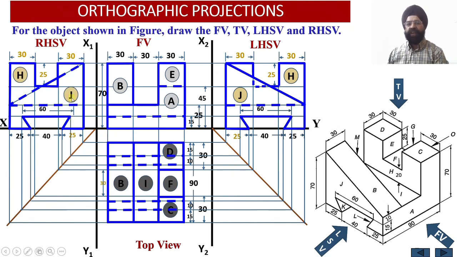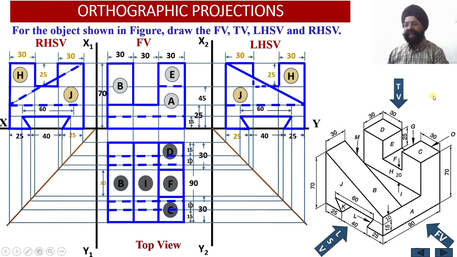So this is the surface J, this is the surface H over here. So we can distinguish between the left hand side view and the right hand side view. In the left hand side view, priority has to be given to this inclined web. So whatever portion of this vertical web goes behind this inclined surface will be drawn as dotted over here.